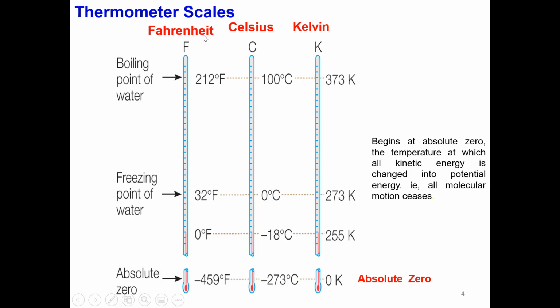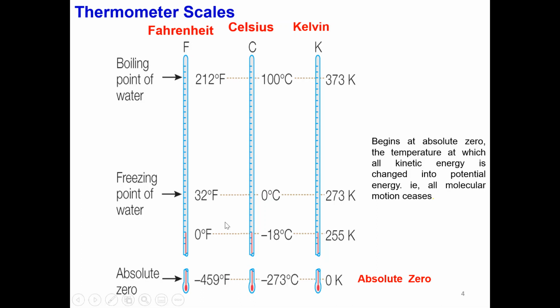The first is Fahrenheit, the unit most used in the USA and England. There are two important points in these scales: the freezing point of the water and the boiling point of the water. In the Fahrenheit scale, the freezing point of the water is 32 degrees Fahrenheit and the boiling point is 212 degrees Fahrenheit.